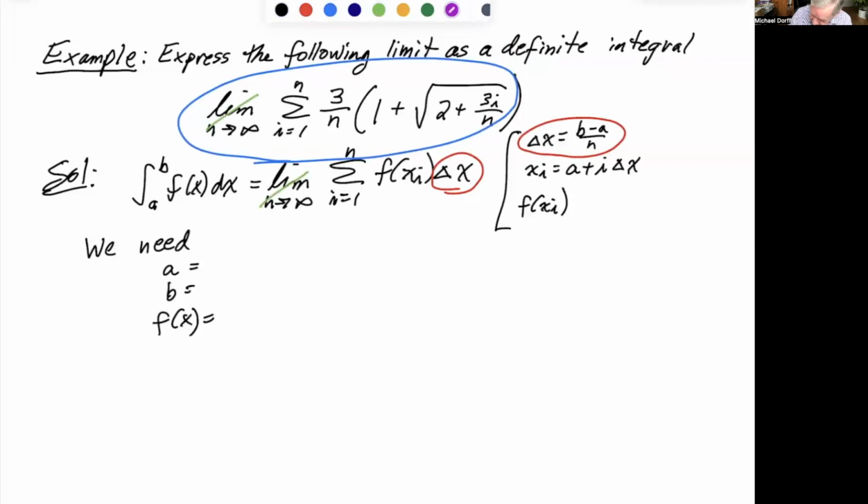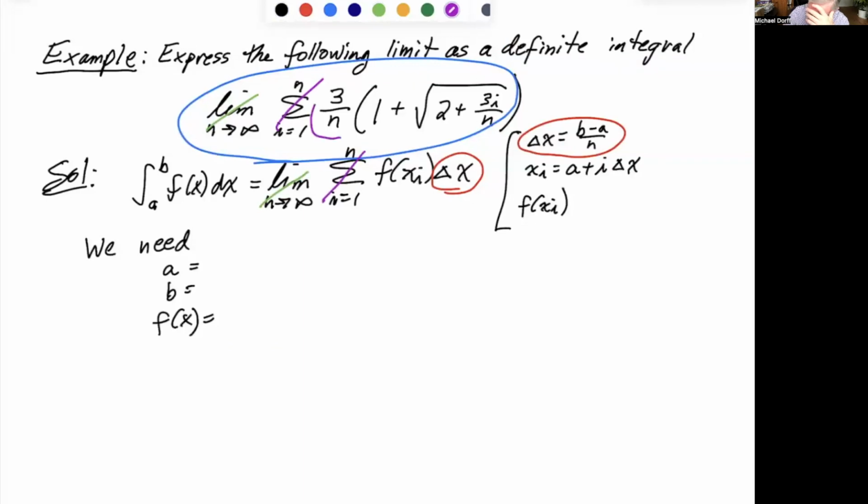The green things are the same. These purple things are the same. So I'm really left with just two things in the original limit of the Riemann sums. I'm left with the 3 over n, and then the big parentheses with the 1 plus the square root of 2 plus 3i over n. So one of those is going to be delta x, and one's going to be f of x sub i.